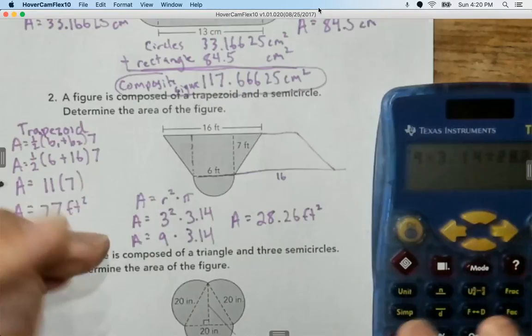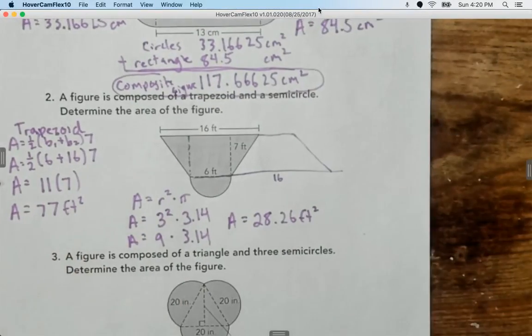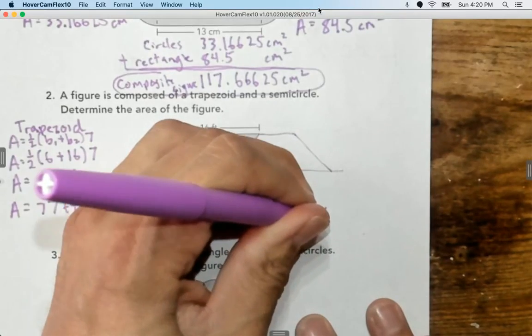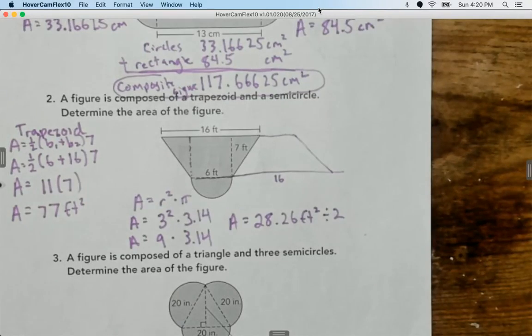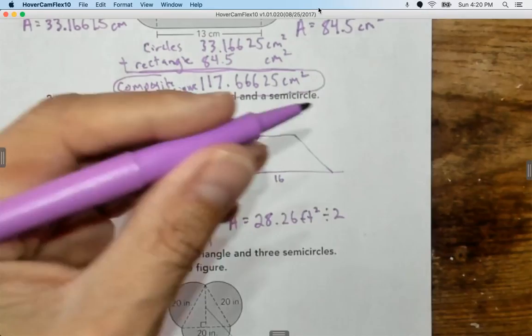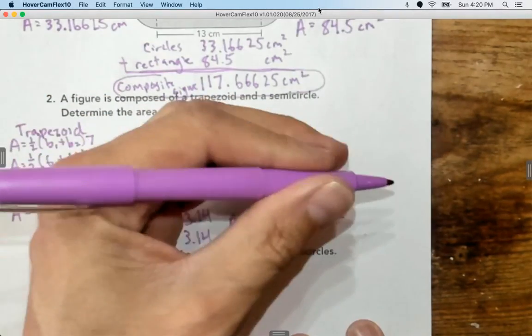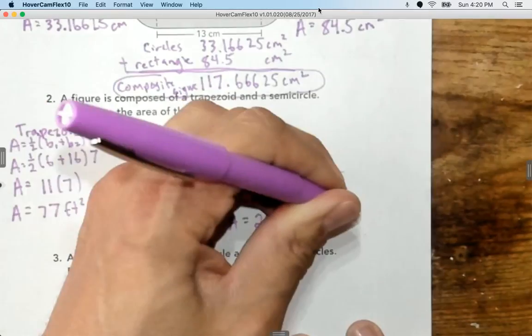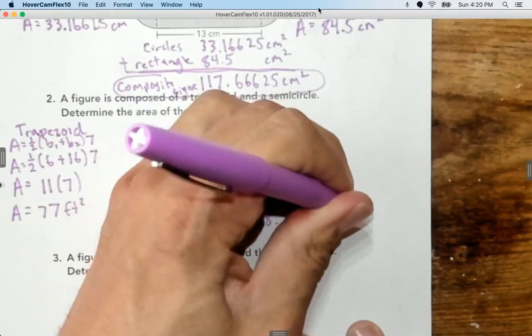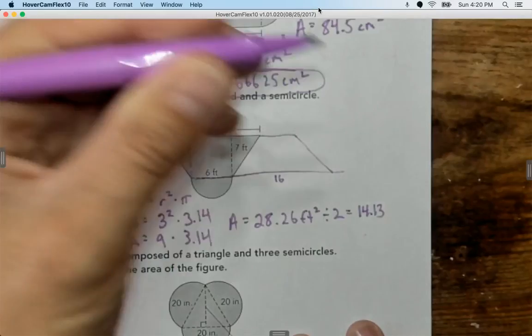But then I need to make sure I divide that by 2 because I have a semicircle, and this lady over here said that's half of a circle. So the area for the semicircle would be 14.13 feet squared.